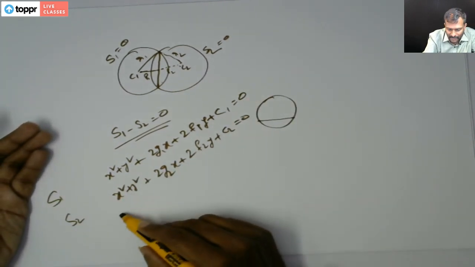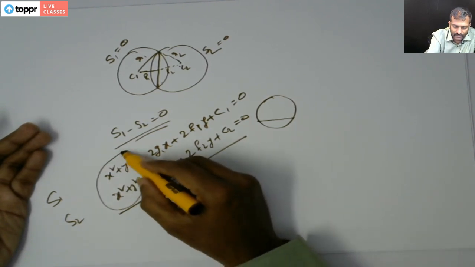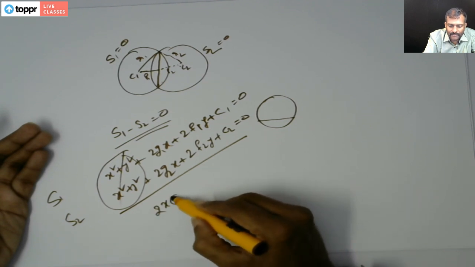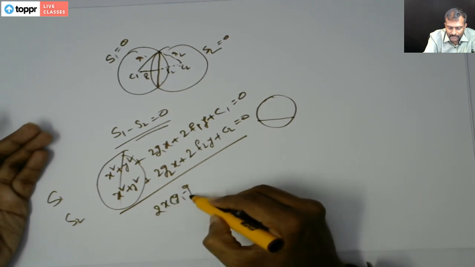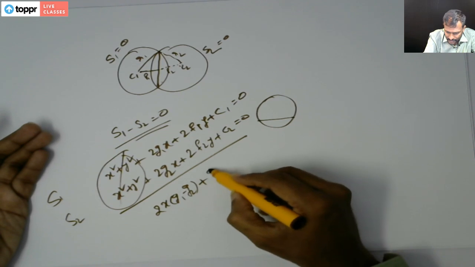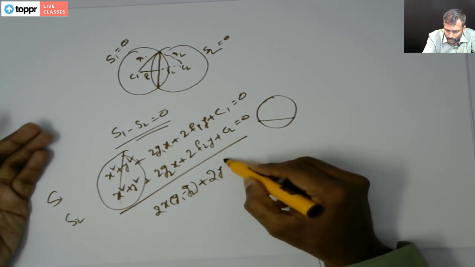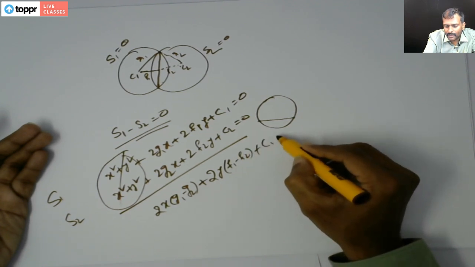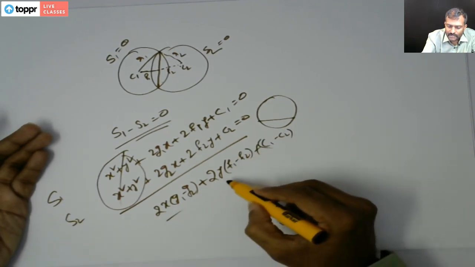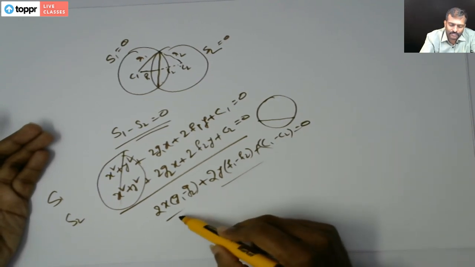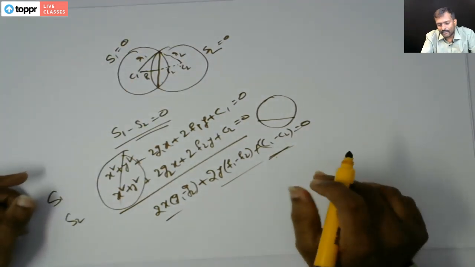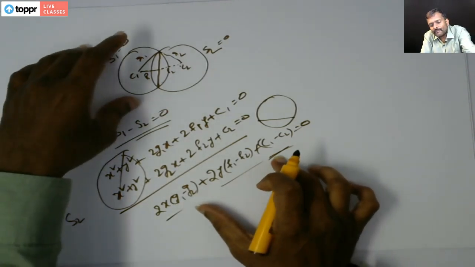So when you subtract, this will vanish. So you get 2x times (g1 minus g2) plus 2y times (f1 minus f2) plus c1 minus c2. This is a linear equation in terms of x and y. This will be nothing but the equation of the common chord, because this one is derived from these two.